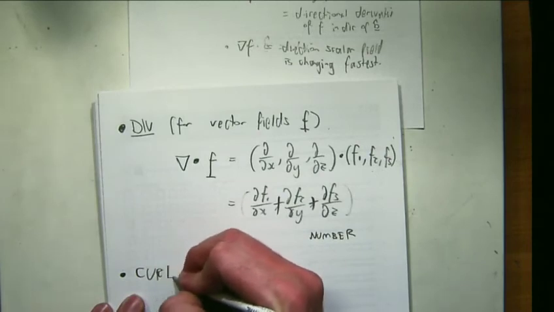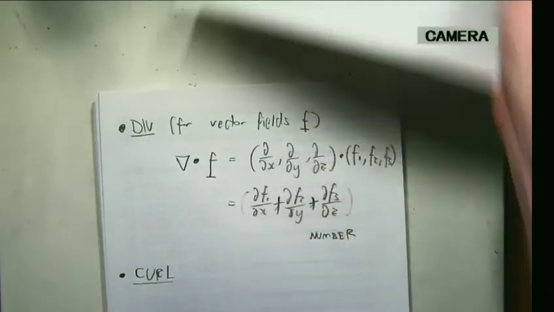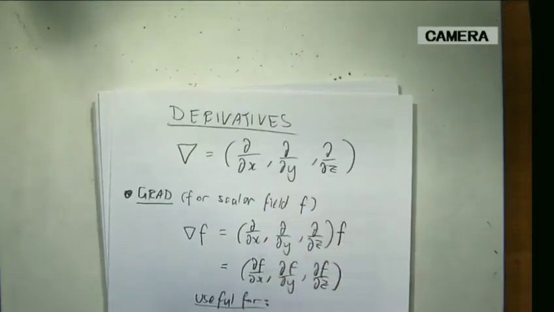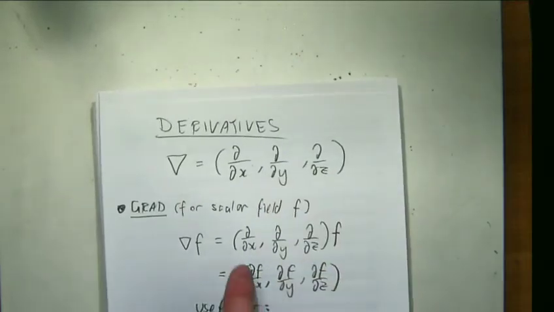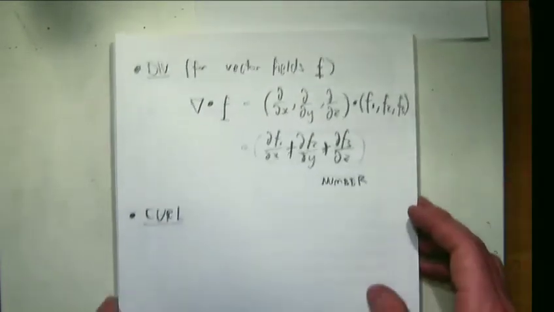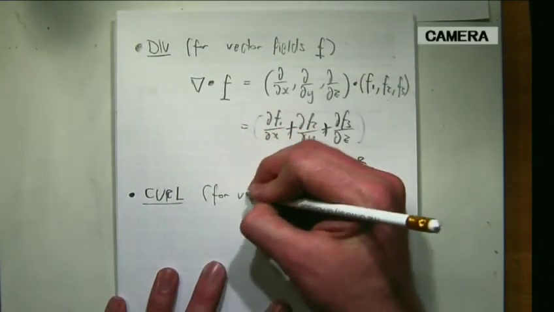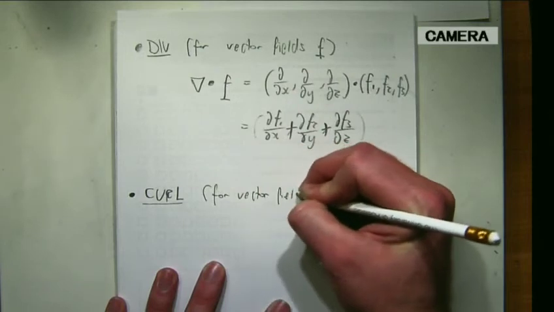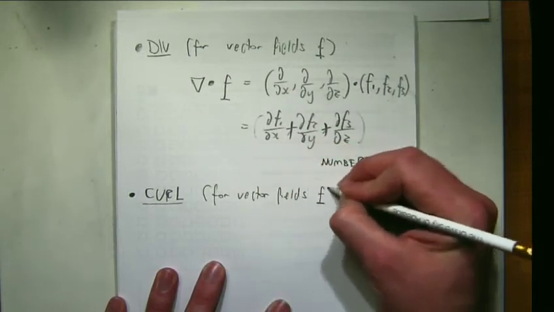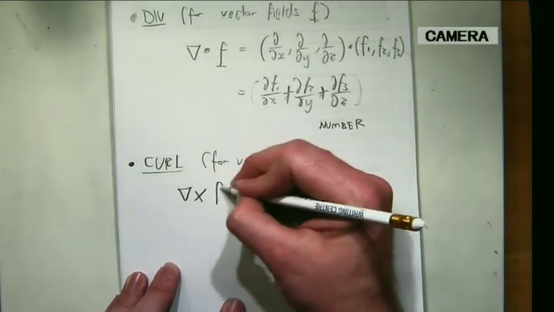And curl. Do note the grad turns a scalar field into a vector field, because we took a scalar, which was just f, and we turned it into a vector. So they do the opposite thing. And the curl, which was also for vector fields, is del cross f.